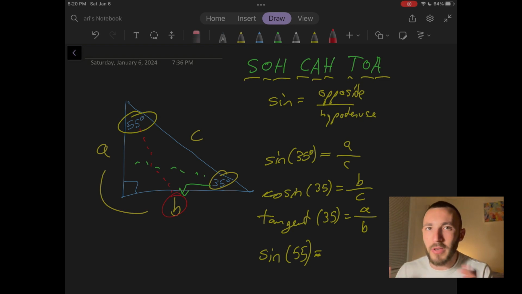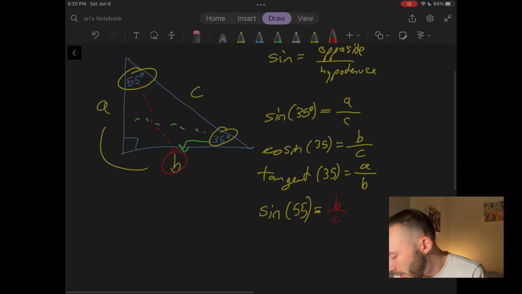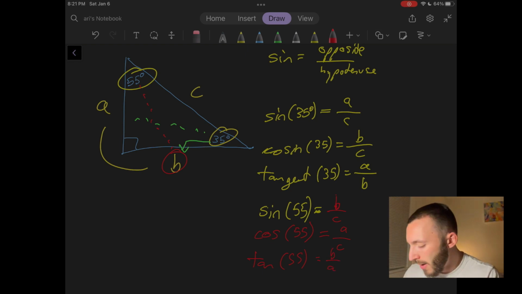So you notice how when we shift perspectives of which angle we are coming from, the opposite and the adjacent sides are going to flip. The hypotenuse is going to stay the same. So now sine of 55 is going to be B over C. Cosine of 55 equals A over C, and tangent of 55 is B over A, because opposite over adjacent. I hope that's clear.